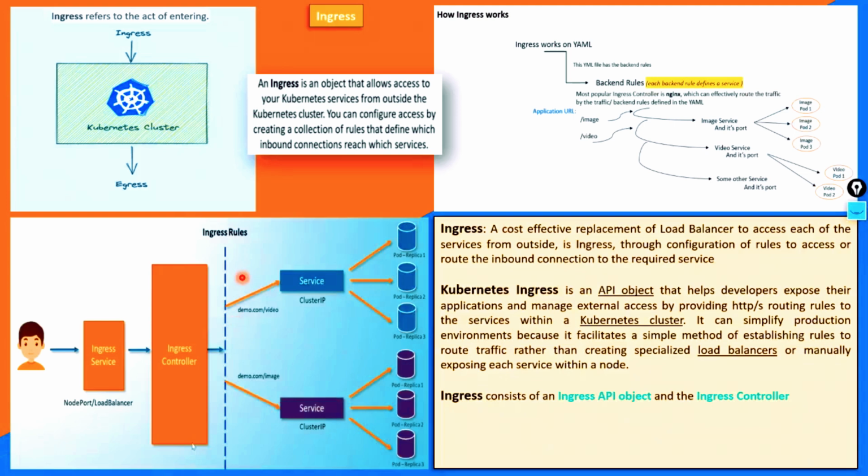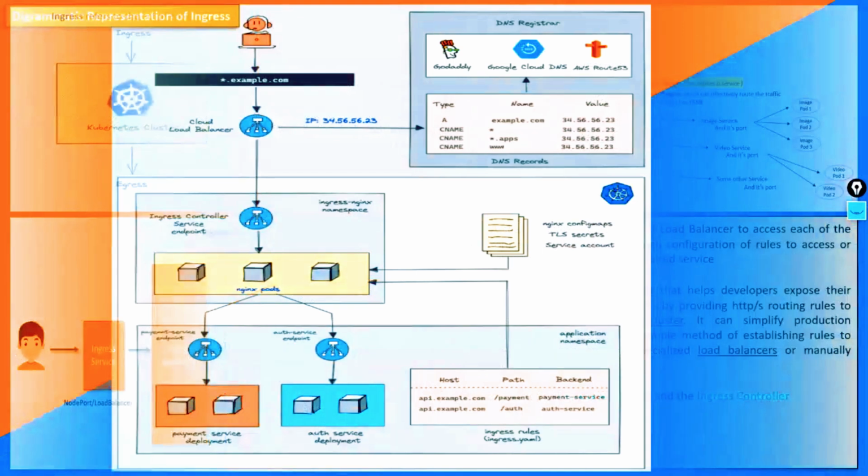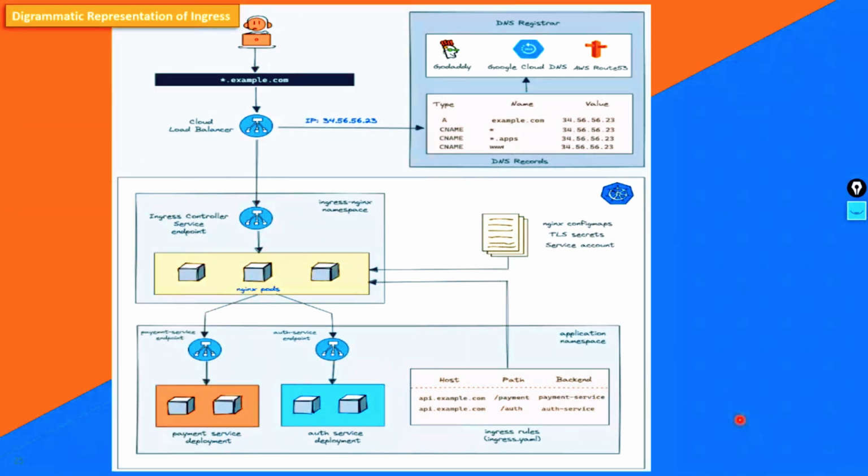So if your rule, that is the API endpoint that you have specified, does not feature in the set of rules that you have designed for your application, then it will never reach any of your application. We say that this is the Ingress API object, that Ingress controller. It's a very interesting subject to learn and to know.